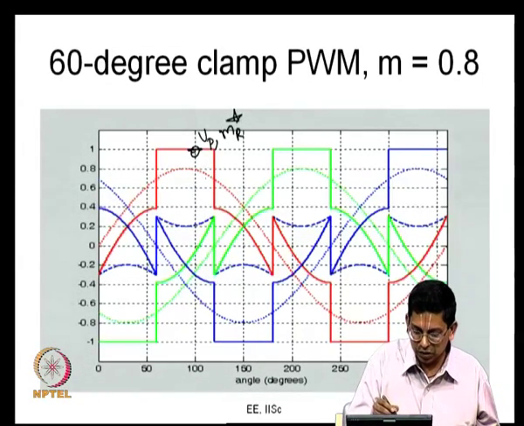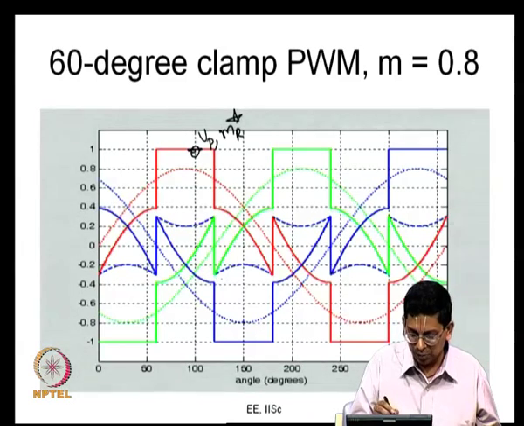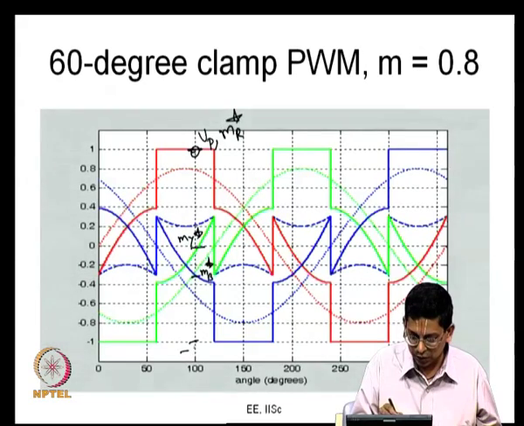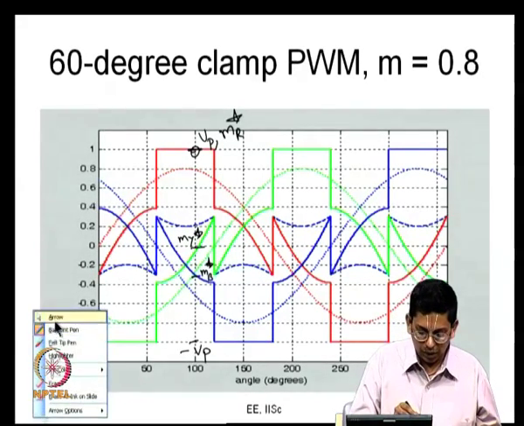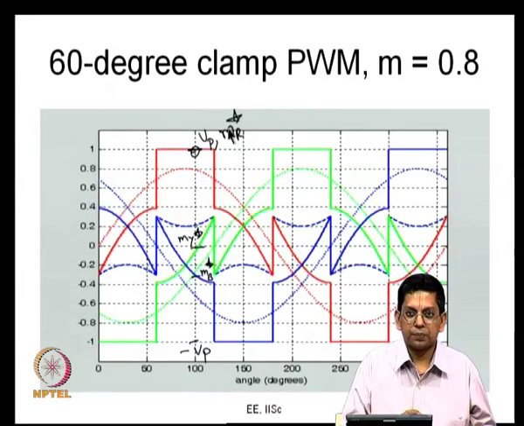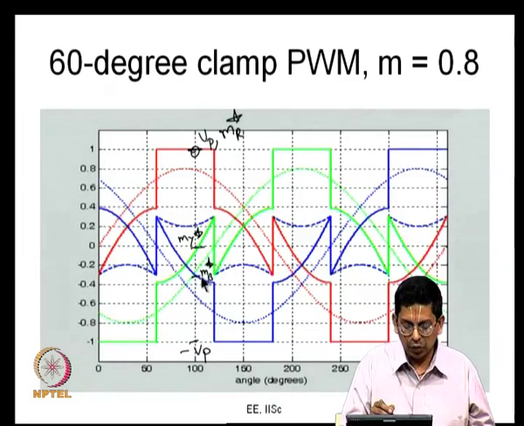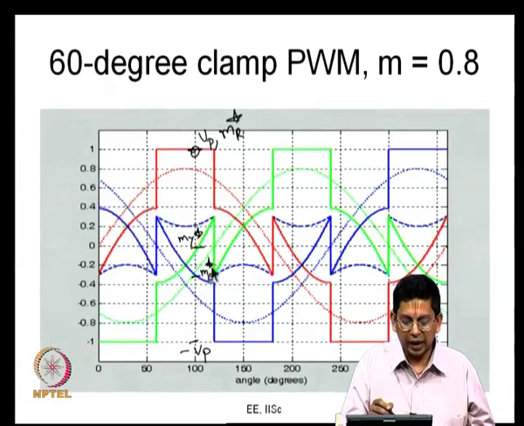Here this is MR star, and this is MY star and this is MB star and this is minus Vp. So, what you get here is Vp and MR star are equal. So, the 0 state is never applied at the start. R phase is always positive and towards the end there is a 0 state applied. In this case, when your carrier is falling and the carrier is below MB star, the carrier is lower than all the 3 values MR star, MY star and MB star.